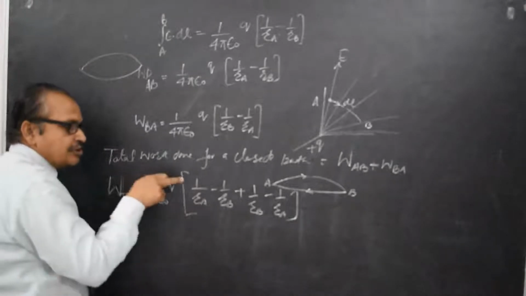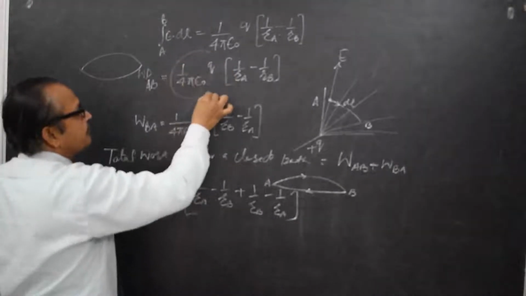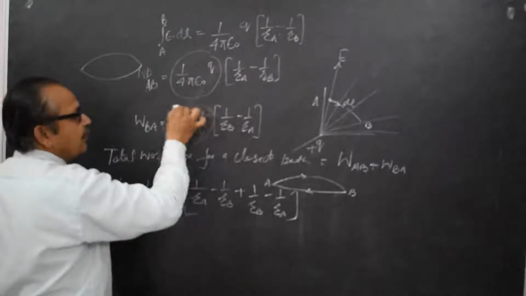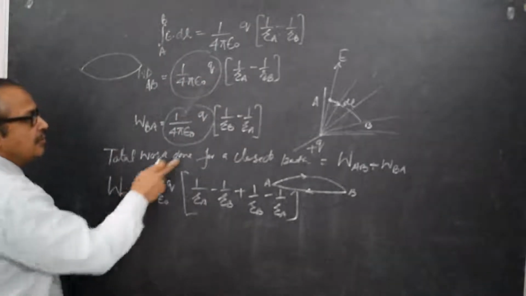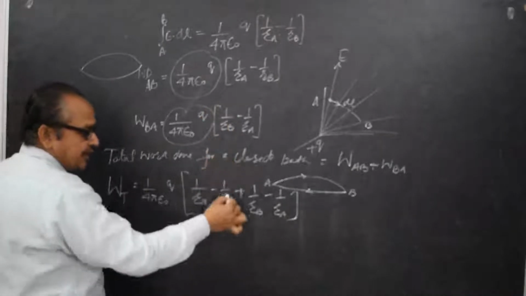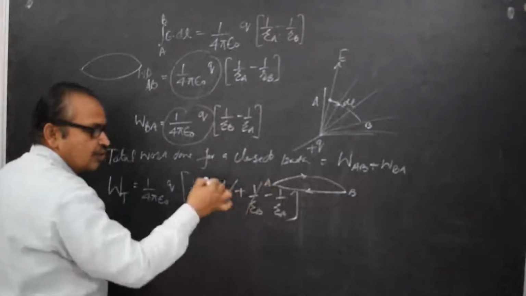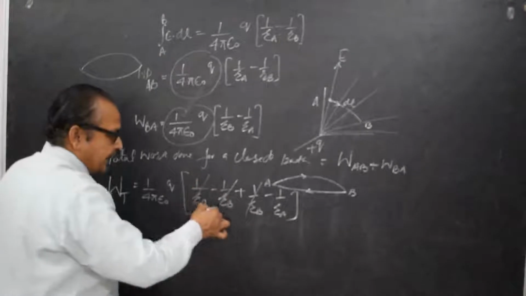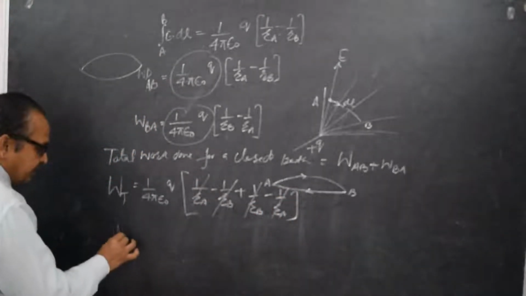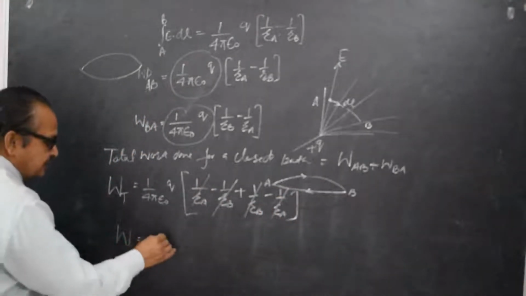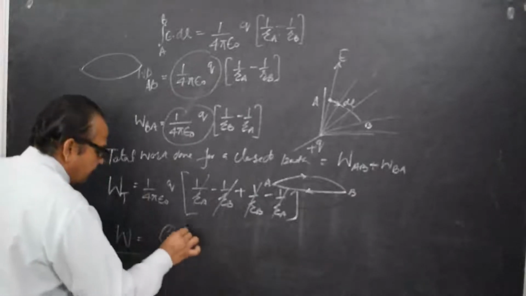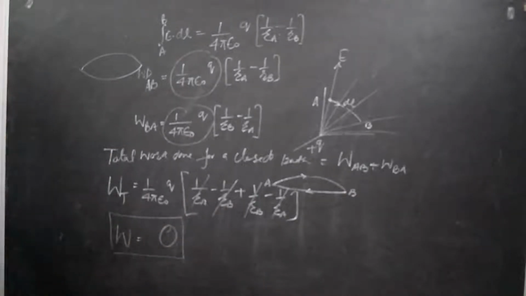So this is it. Now this as well as this will be common, taken out. So this plus this, what happens? This and this cancel, this and this cancel. It means the total work done is 0. So what do we find?